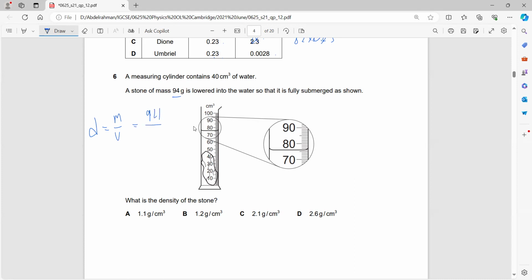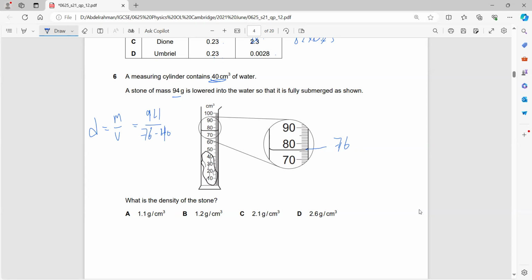What about the volume? How can I find the volume? Would it be 40 centimeters cubed? Or someone saying B? I need to actually calculate it. 94 over what's the volume? The volume of the water now is 76. Yes, correct. So to find the volume of the stone, you need to subtract 76 minus 40, which is 36.